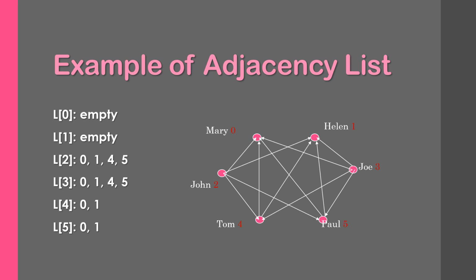So as we can see, it is a directed graph. So L[0] is empty as no link is made from 0. Similarly, L[1] is also empty. Next, L[2] has 4 links, that is from 2 to 0, 2 to 1, 2 to 4, and 2 to 5, and so on.